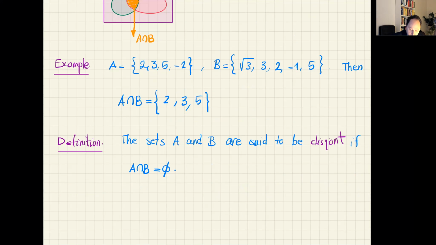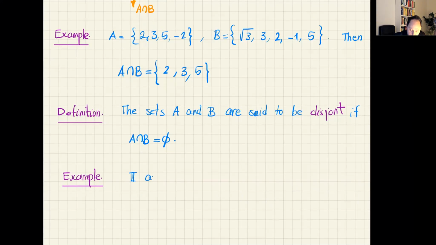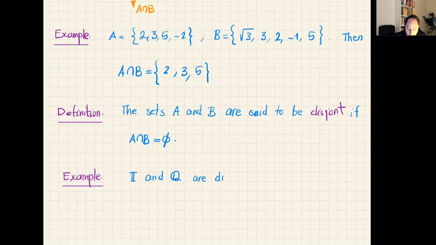Okay, let me give you an example of disjoint sets. I and Q, the famous sets, the set of irrationals and the set of rationals, are disjoint sets.